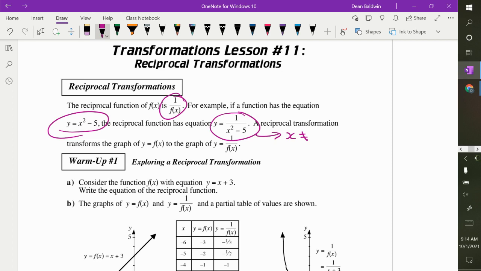Can anybody tell me the domain restrictions? Nobody said the right answer, so can't be anything. Okay, yeah. That's half of it. Or negative 5. You're really close. That's it.